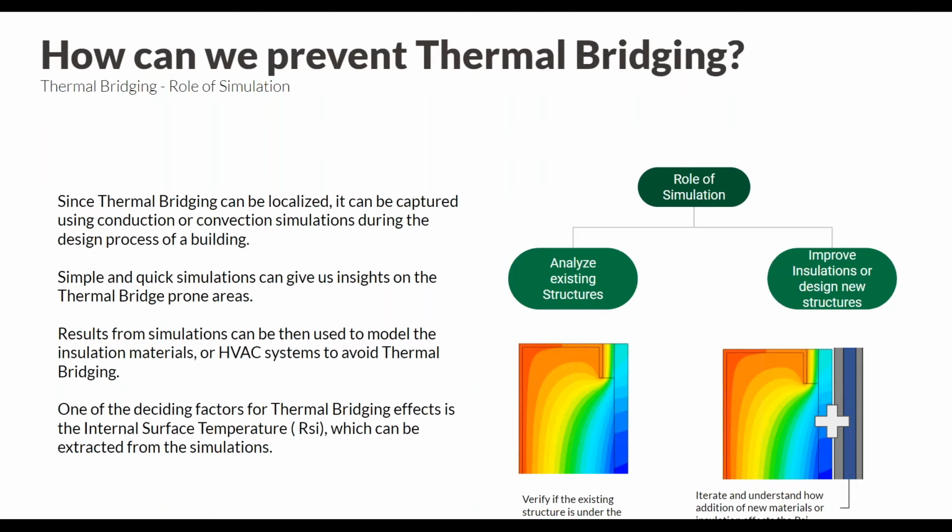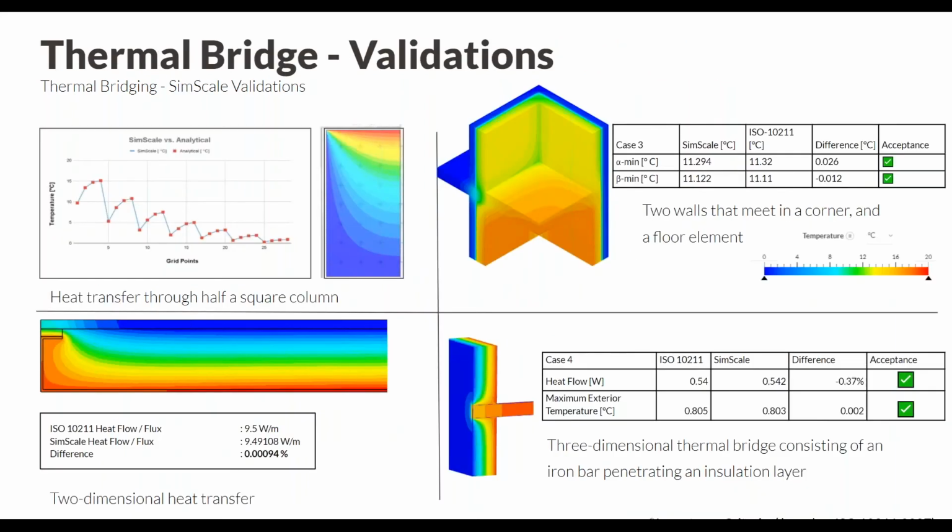All right. As we spoke about the acceptance criteria for the software tool to be used for thermal bridging, we ran a few cases with SimScale and compared them with analytical results. On the left side, you can see a simple square column. We simulated the temperature distribution, extracted the temperature values at certain points, and compared that with analytical.